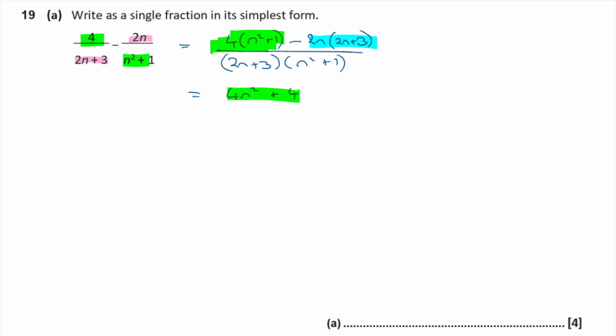So that's going to be minus 2n times 2n, that is 4n squared. Now just take care here because I've got minus 2n and plus 3, so minus times plus is minus. So that's going to be minus 6n on the end here. So I got that from multiplying out the blue bit. And then that is all over these two things multiplied together.